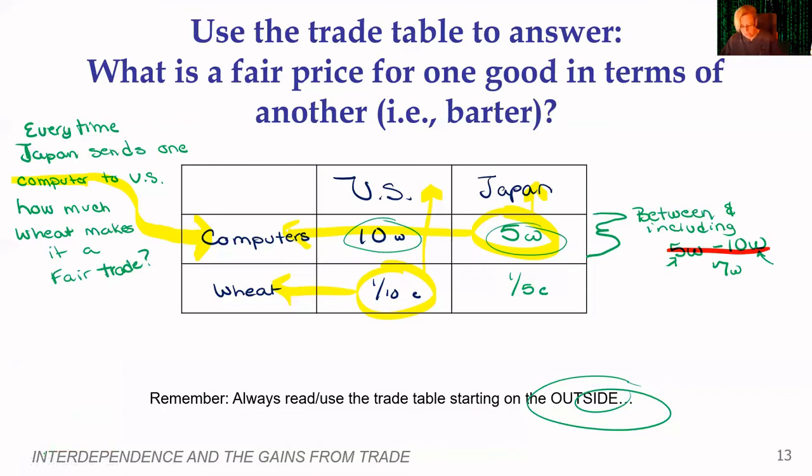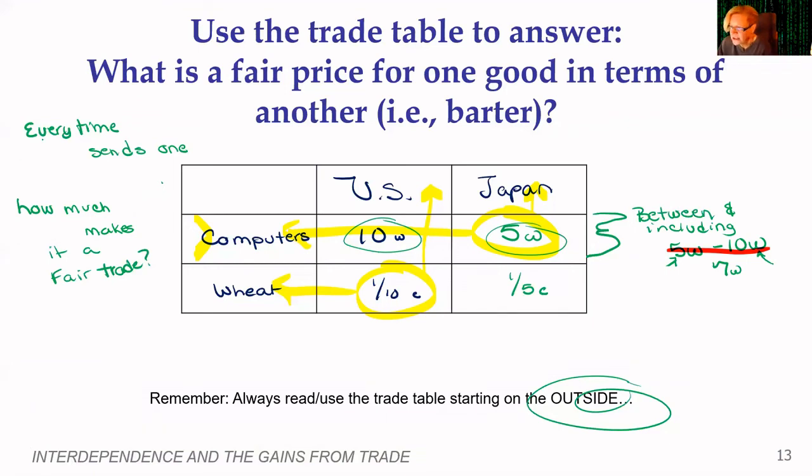Okay, so let's try this a little bit differently now. I'm going to change up the question. If the US sends 1 ton of wheat to Japan, what will make it a fair trade?